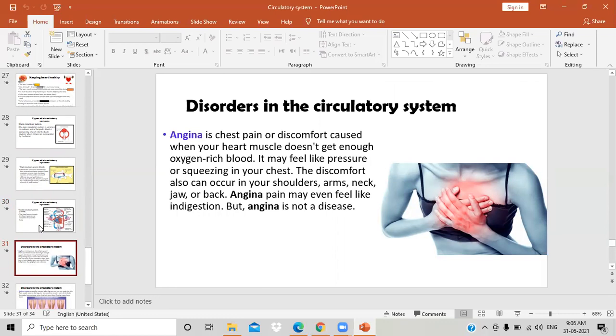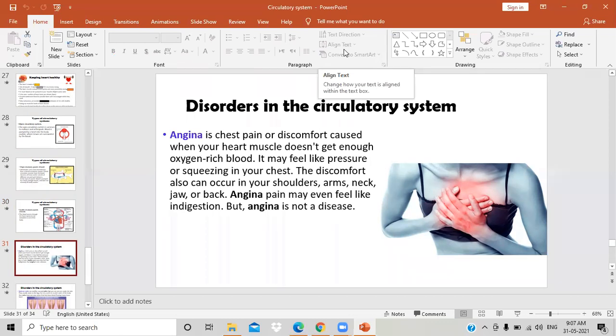Angina is what we call a heart attack. It feels like a very strong and tremendous chest pain and discomfort caused by the heart muscle not getting enough blood. So that is what causes the angina to develop.